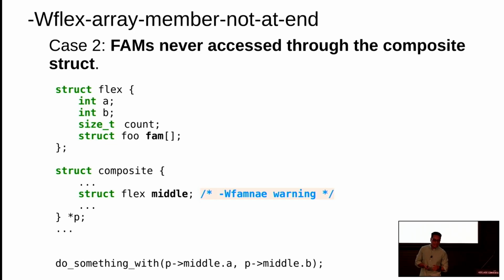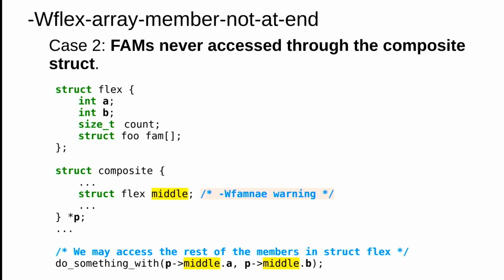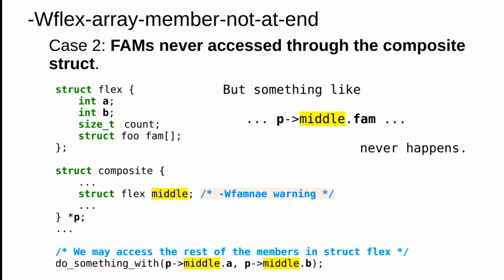In this case, that would be member A, B, or even count, right? But we never do something like this. We never reference a pointer to the composite structure and, through the middle member, use the flexible array member. That never happens. So that means that we just need to find a way to remove the flexible array member, or to prevent the composite structure from seeing the flexible array member.